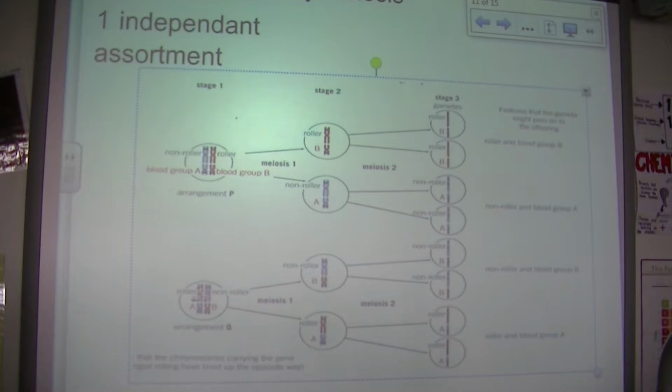They've arranged themselves differently in that first lining up on the spindle, and this has led to a paternal and maternal chromosome A and B, which has led to different combinations of alleles. So it's all about how independent assortment causes different combinations of gametes to be produced.